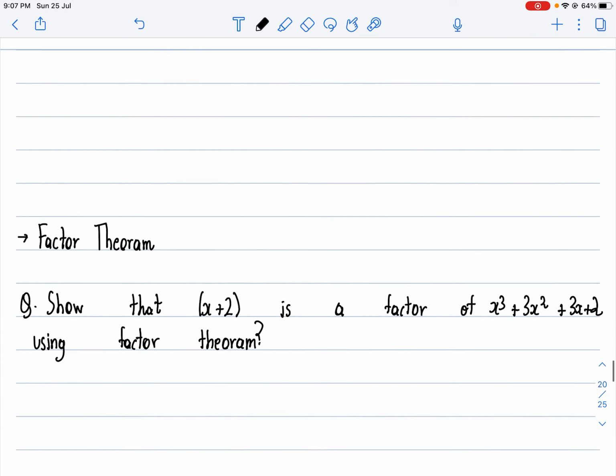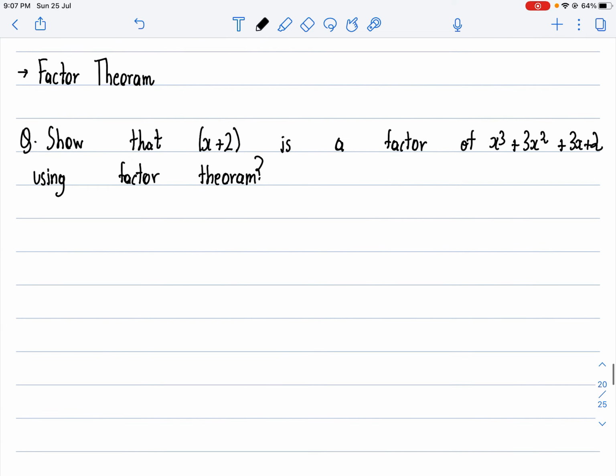Now we'll go to the concept of factor theorem. This is really similar to the concept of remainder theorem, but before that, you need to know the term factor. The term factor basically means that your remainder is always 0.